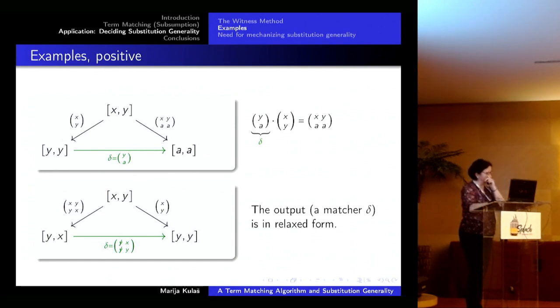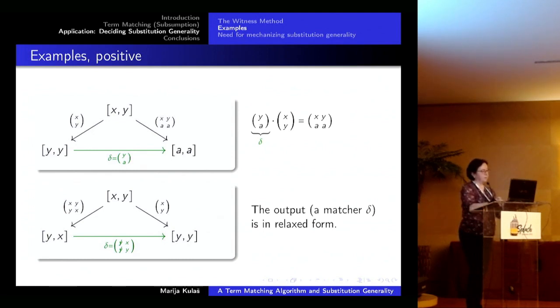So, positive examples. The first, above, is an example. x to y we now know is not more general, surprisingly, than x to y, but it is more general than its extension, x to a, y to a as well. And here the diagram commutes, so that means that we obtain a substitution delta, which applied on the left-hand substitution produces the right-hand substitution.